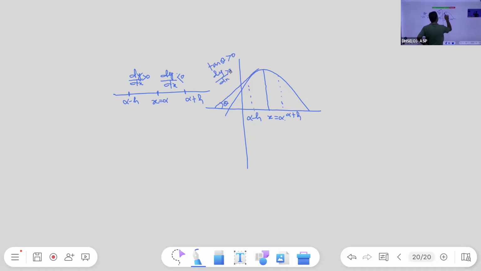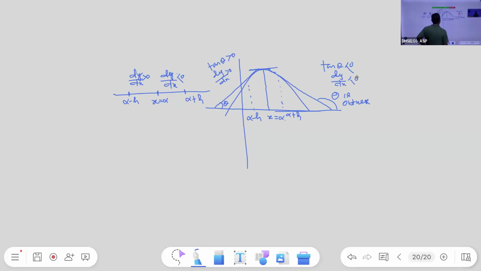Then if you take a tangent in the right neighborhood of x is equal to alpha, the inclination theta is obtuse, then tan theta is less than 0. That is dy upon dx less than 0.